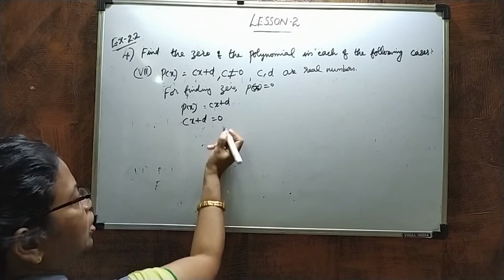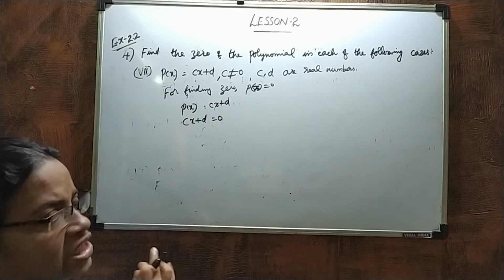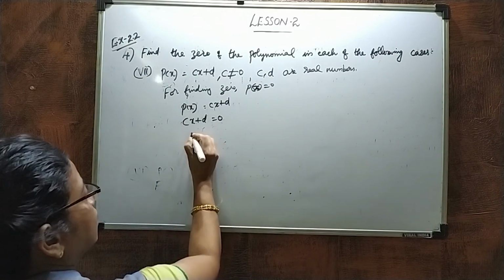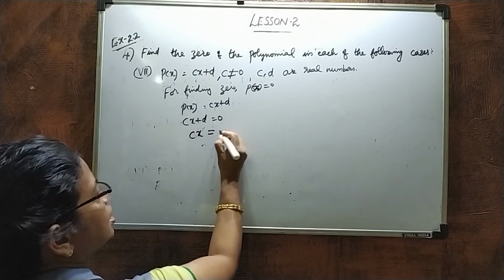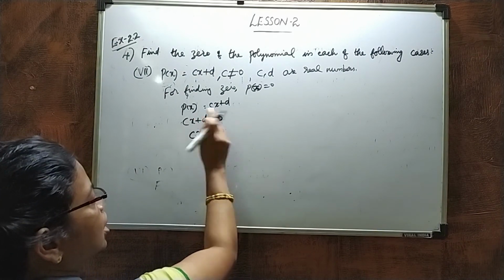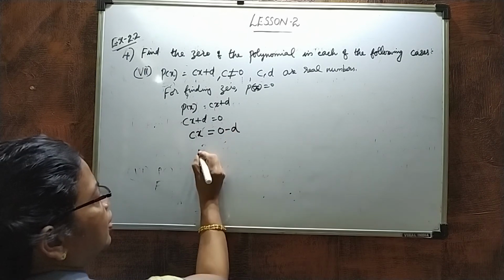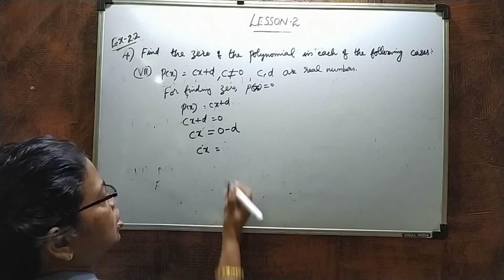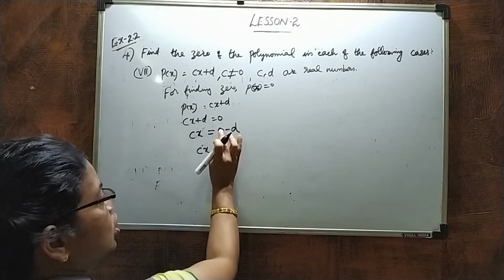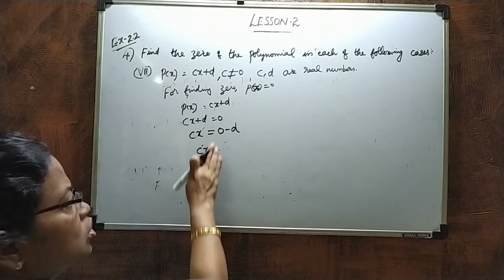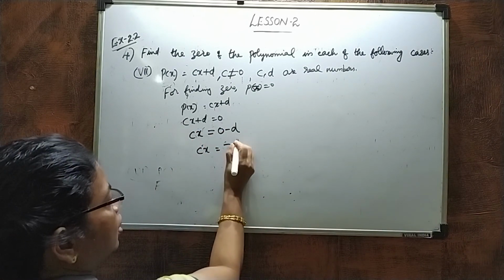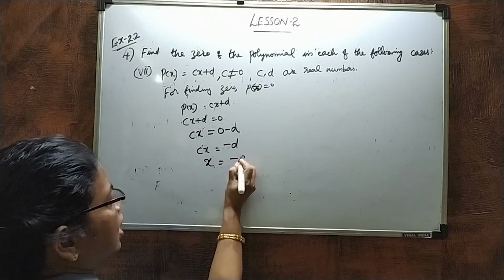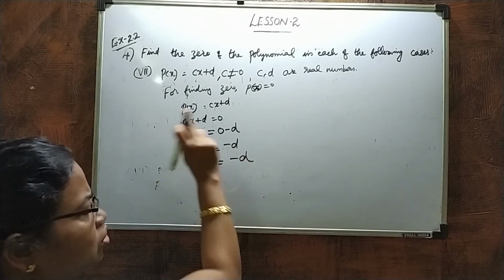Now, take D to the other side, because Cx together is there, just keep it there itself. Then, first one first equals 0. Here it is addition, comes to the other side, it will be subtraction. Then, Cx is equal to 0 minus D. 0 means nothing is there. Okay. So, what is the balance then? Negative D. Then x, here it is negative D. Here multiplication, C should come to the other side.